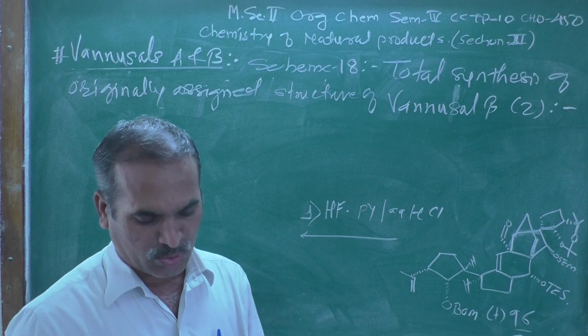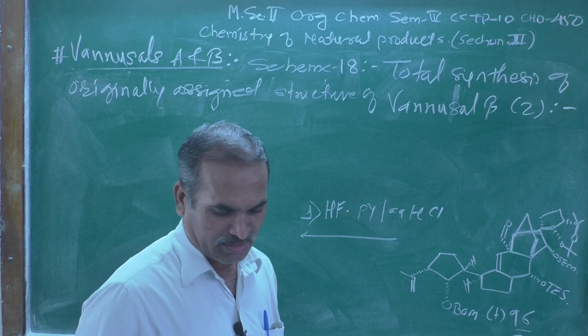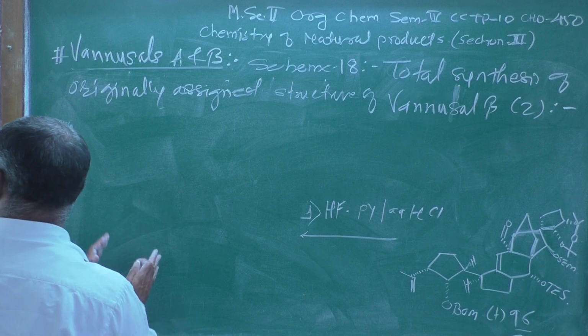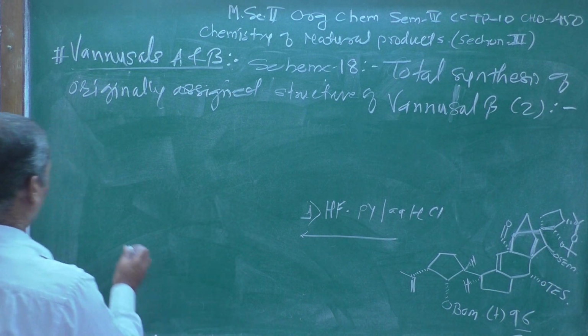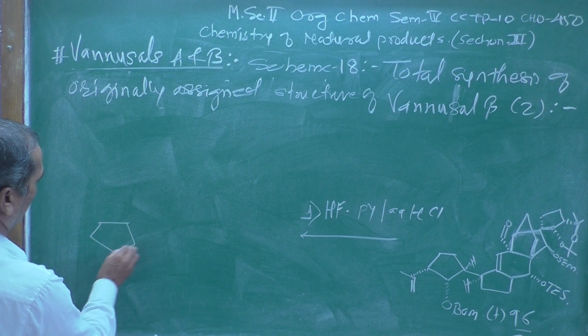HCl means hydrochloric acid, and after that the resulting compound obtained will be structure number 2, and that is nothing but our originally assigned structure, which is Vanucell.